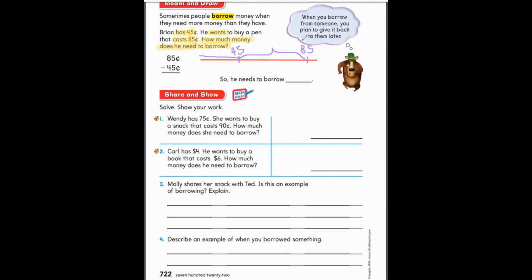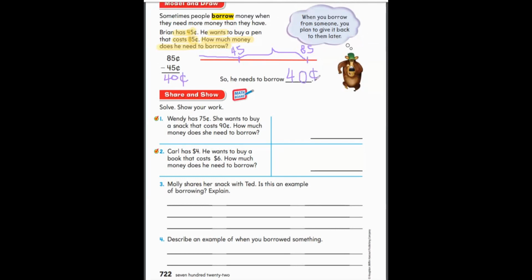So what we have to do here is to subtract 85 minus 45. So we have 5 minus 5 is 0. 8 minus 4 is 4. So he needs to borrow 40 cents.